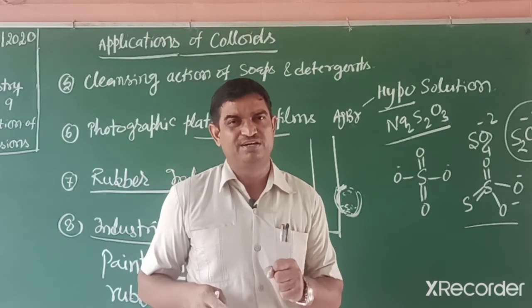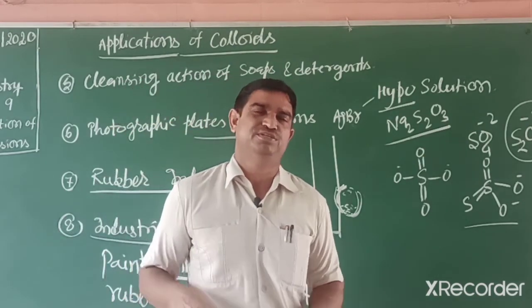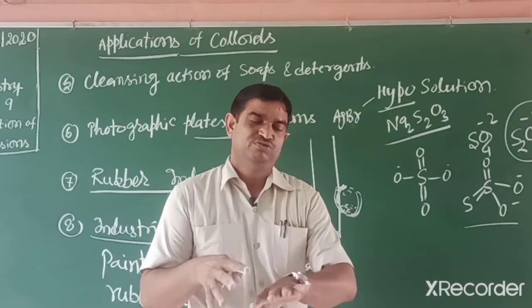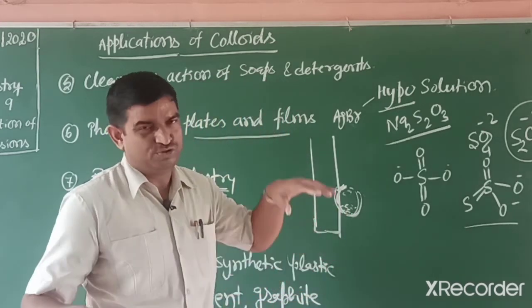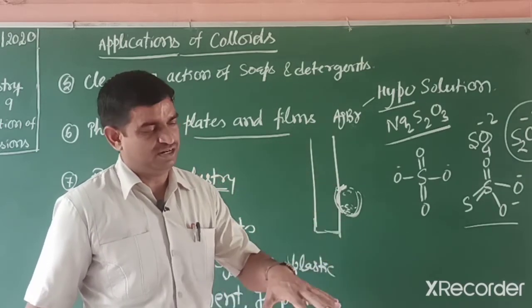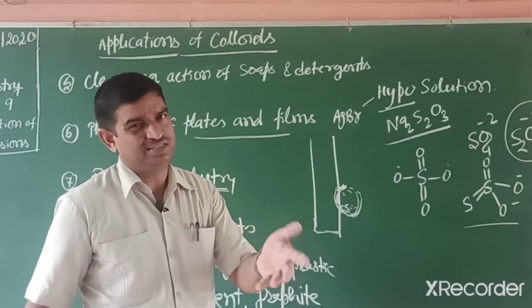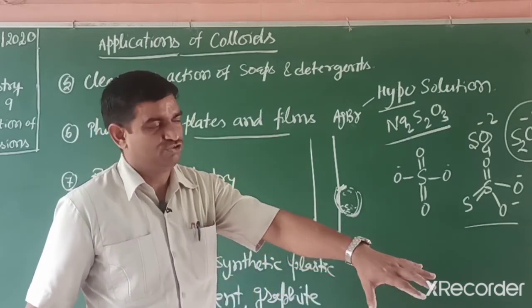Students, how can we make gloves? These days, in corona time, all the persons are wearing gloves. So they take a metal, and if it is charged, that metal is dipped in a latex or rubber solution. So what happens? The rubber colloid is negatively charged, and when we pass current through the metal, there is coagulation.